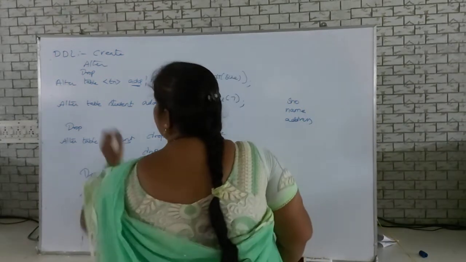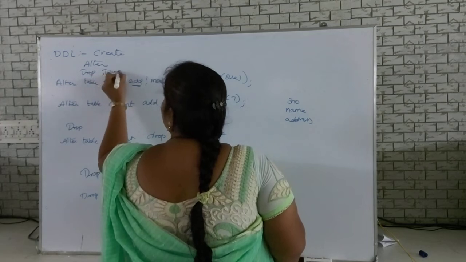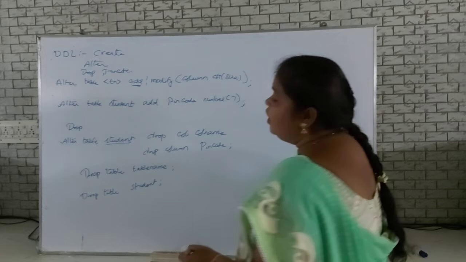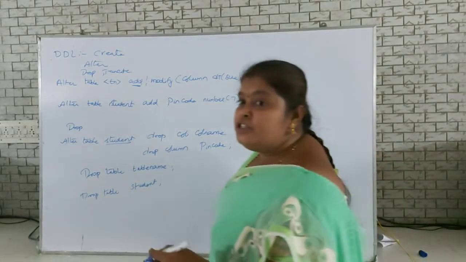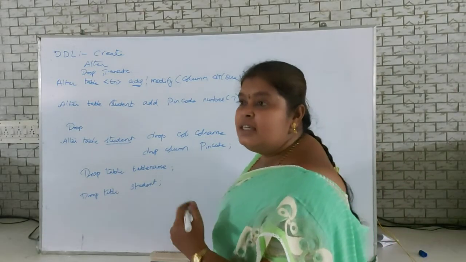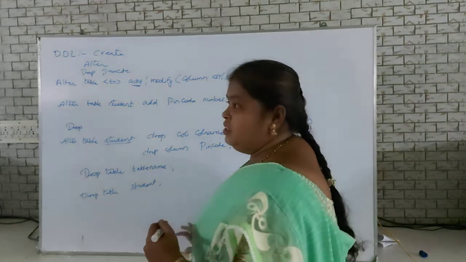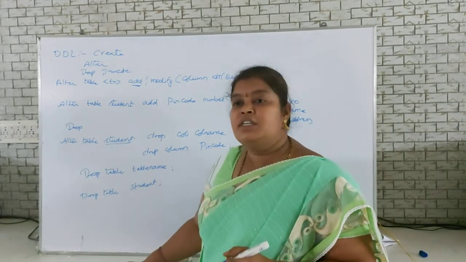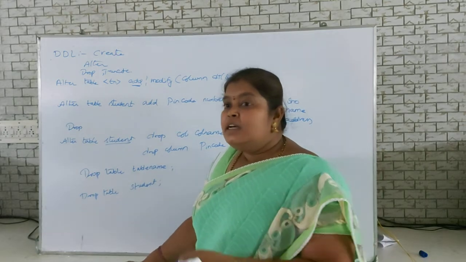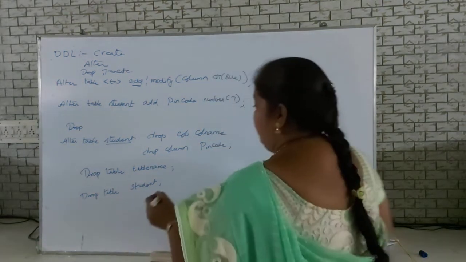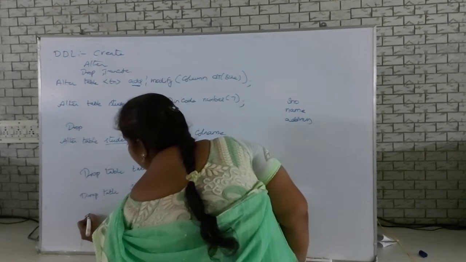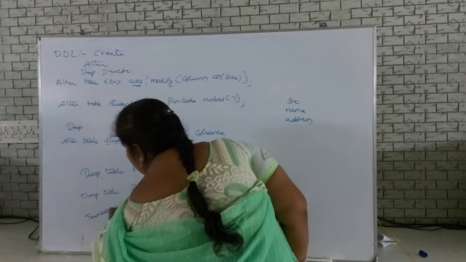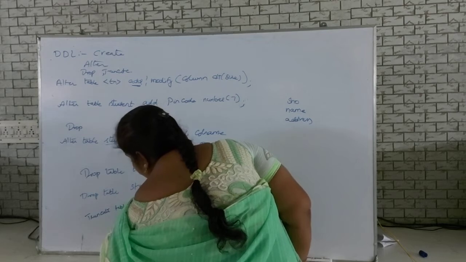Next one is truncate. Truncate is a DDL command which is used to delete the records in the table. The entire structure will not be deleted; only the records stored in the table are deleted by using the truncate command. Truncate table name.